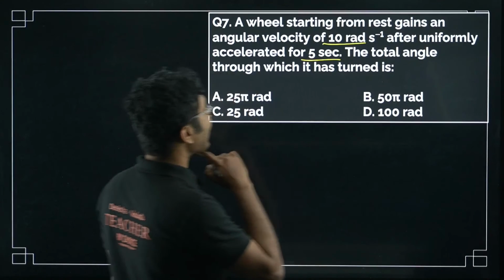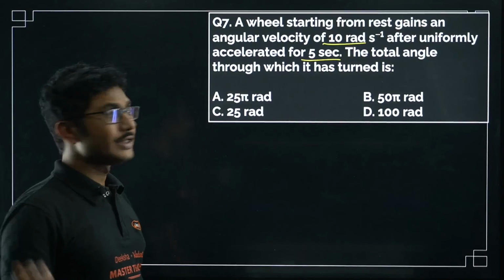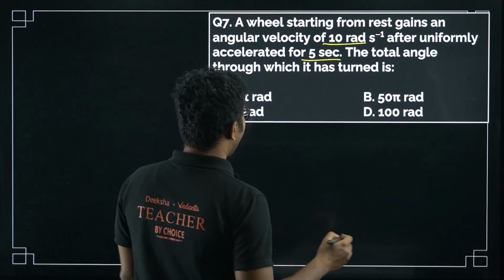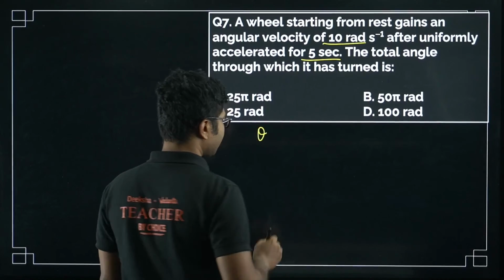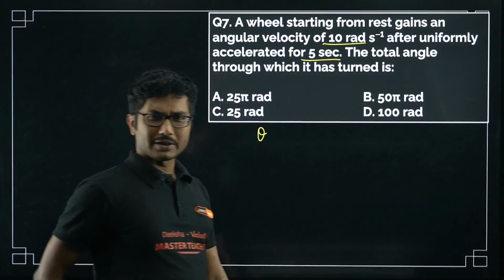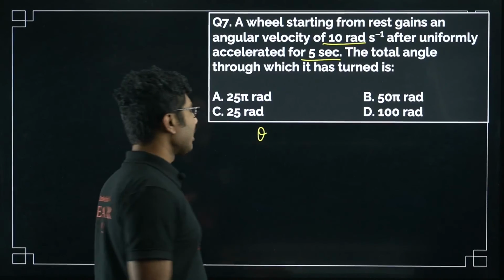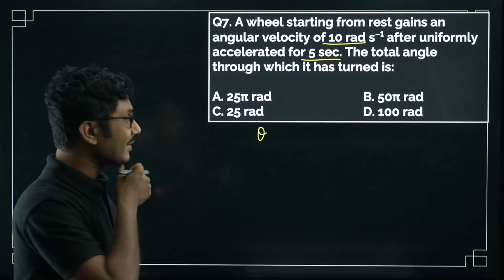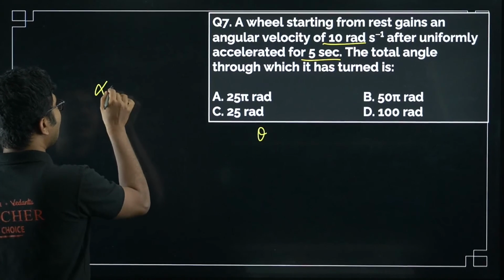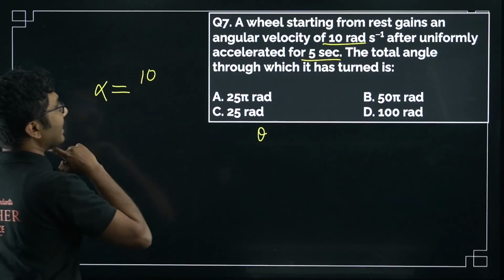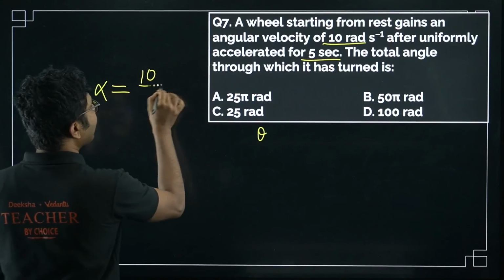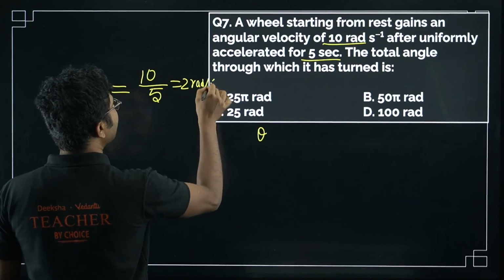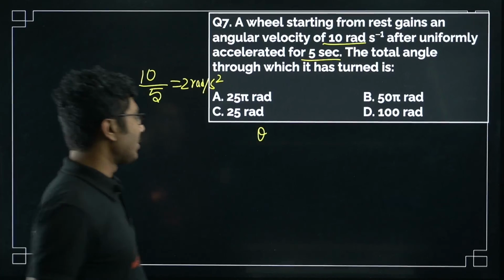Here we have to find the total angle through which it has turned, so the angle is theta. You can use v square equals u square plus 2as, or you can use theta equals ut plus half at square, but for that you have to first find alpha. Alpha is 10 radian per second over a time of 5, so 2 radian per second square was the uniform acceleration.